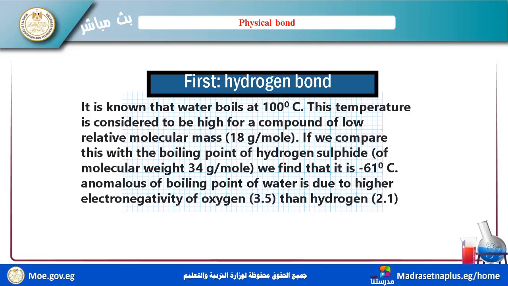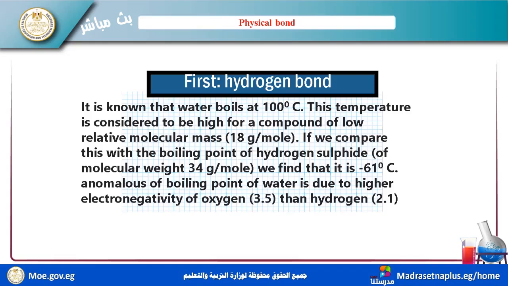Why? I learned before the relation between the boiling point of a substance and its structure and molar mass. The molar mass of H2O is little, only 18. How does it boil at 100? What is the cause for that?